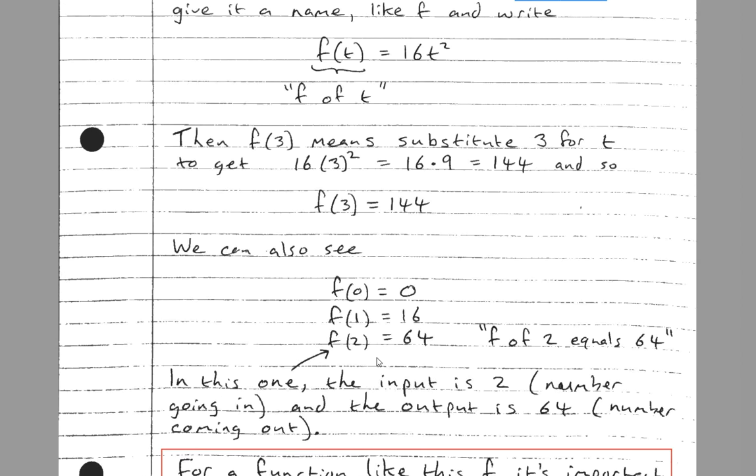All right, so there's nothing new except just calling this expression a function now. So here we have the function notation. Again, this means f of 2 equals 64.